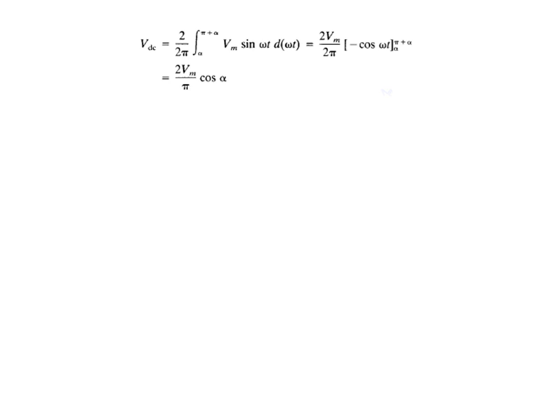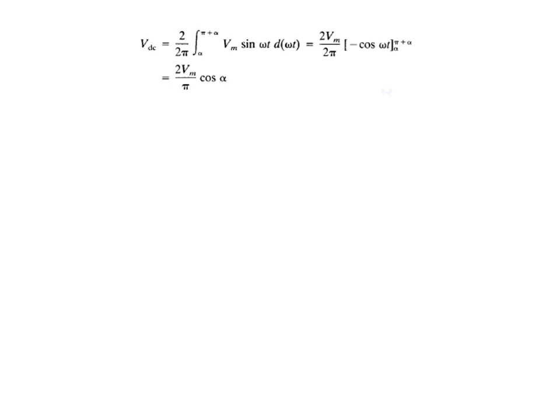Solving this integration, we get the average output voltage as VDC is equal to 2 Vm divided by pi into cos alpha. So we can say that VDC can be varied from 2 Vm divided by pi to minus 2 Vm divided by pi by varying the firing angle alpha from 0 to pi.